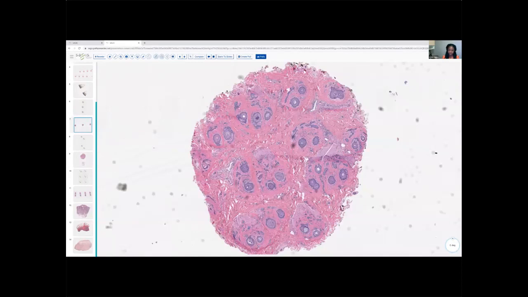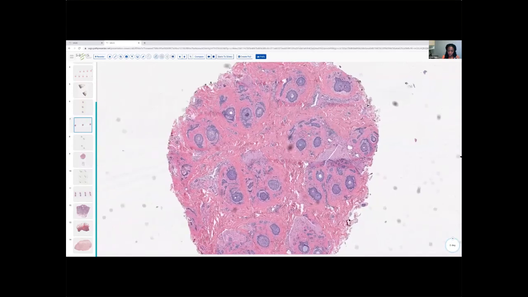We have a few streamers, but not a whole lot. The follicular density is mostly preserved. But again, what's so striking is just the sheer loss and absence, the atrophy of the sebaceous glands at this level. So what can do that? Well, what's so useful about knowing that piece of information is that there is one condition in particular where that can be a key finding, and that's actually psoriasis.